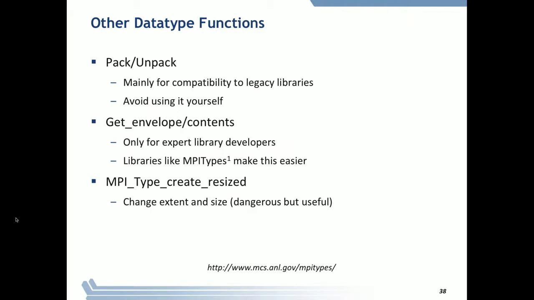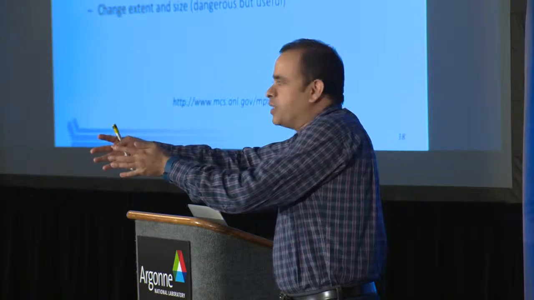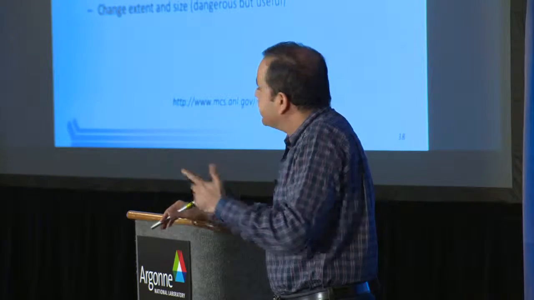Okay. There are other functions as well. MPI does have functions that allow you to do packing and unpacking of data. Although I said that you don't need to do it, that is pack data from a non-contiguous buffer into a contiguous buffer and unpack it.